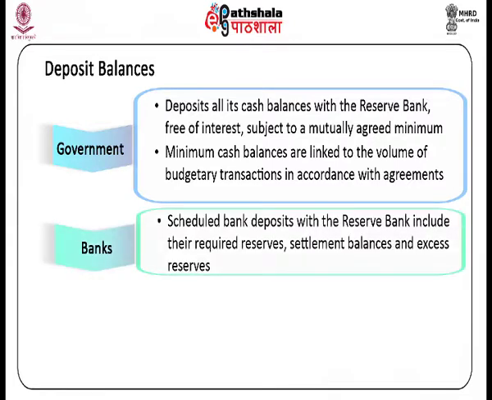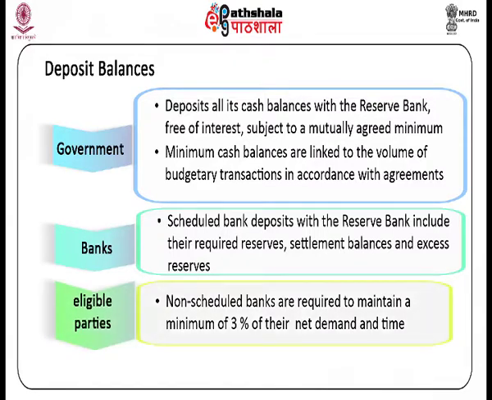Scheduled bank deposits with the Reserve Bank include their required reserves as prescribed under the Section 42(1) settlement balances and excess reserves. Non-scheduled banks are required to maintain a minimum of 3% of their net demand and time liabilities in various eligible forms, including in current account with the Reserve Bank under Section 18 of the Banking Regulation Act 1949.